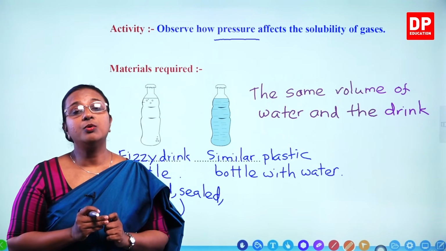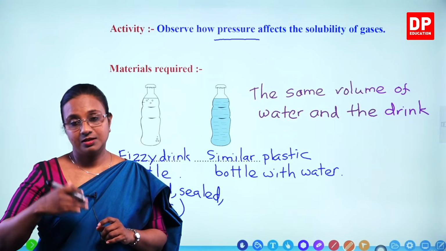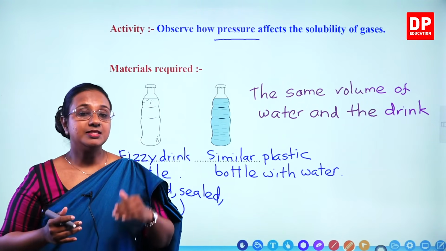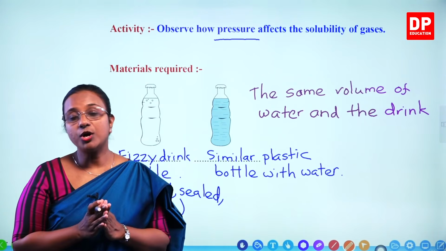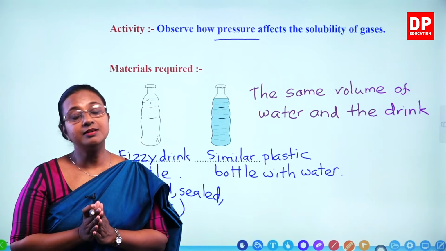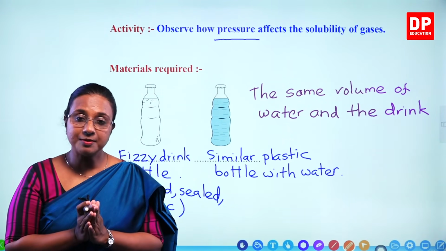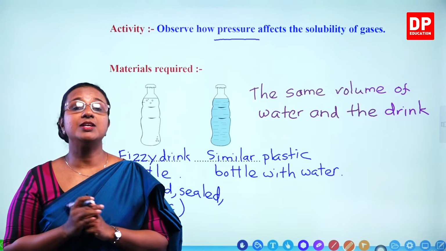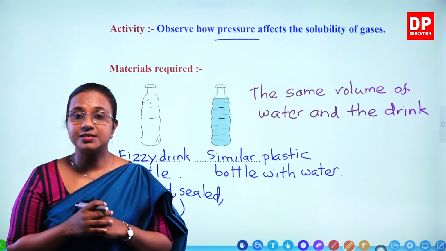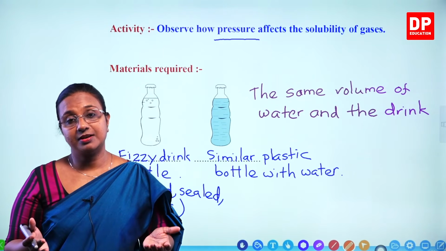But when I open the fizzy drink bottle, you can see a change. The same way, when I open the water bottle, you might see a change, you may not see a change. Then after we open it, we leave it for some time. Again, if I squeeze the two bottles, try to press or compress the two bottles, you will see a difference.